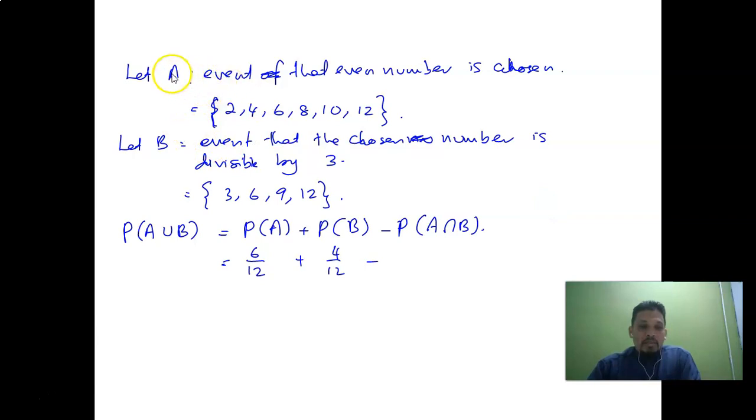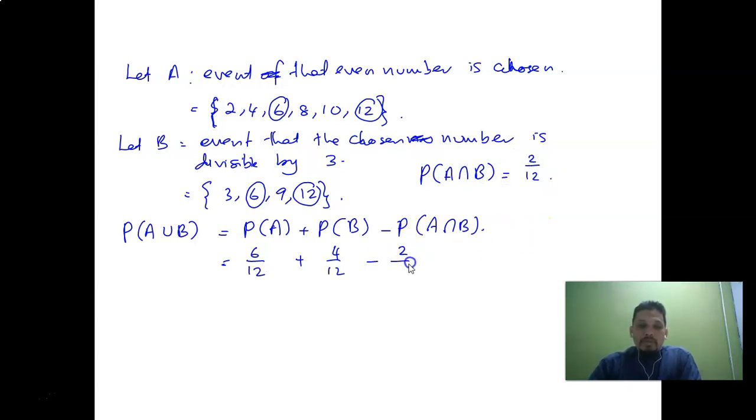And then the intersection, the numbers that are common between A and B here. Look at this: 6 and 12. So the probability of A intersect B equals 2 over 12.